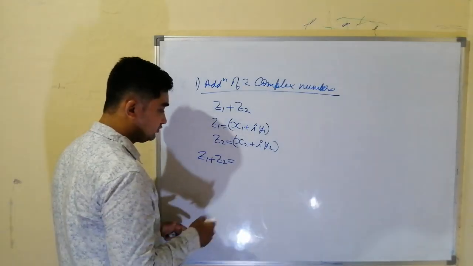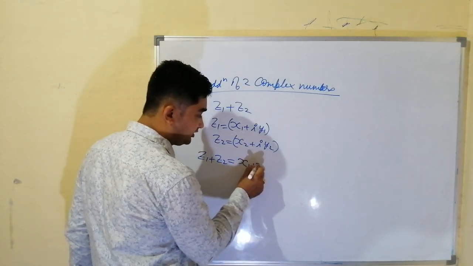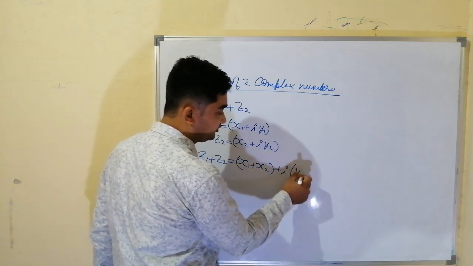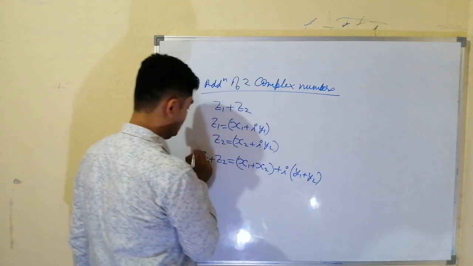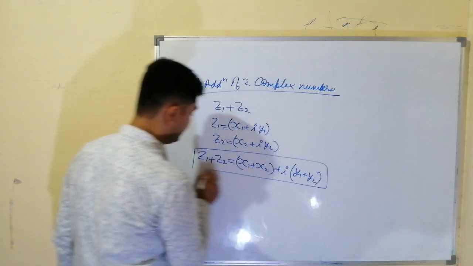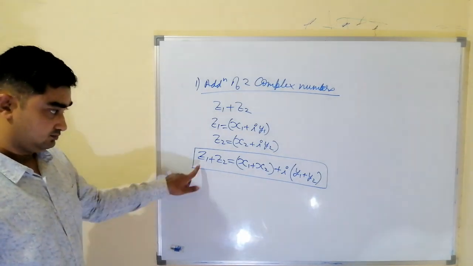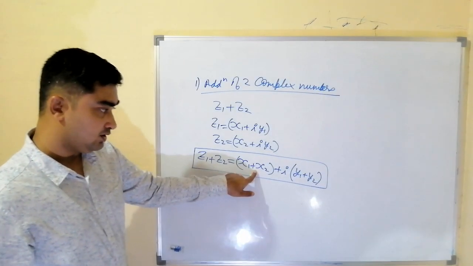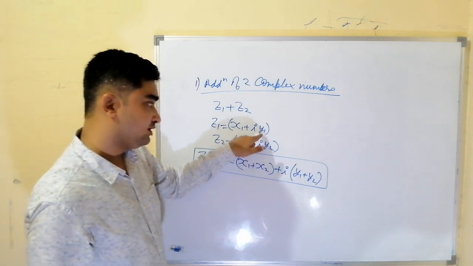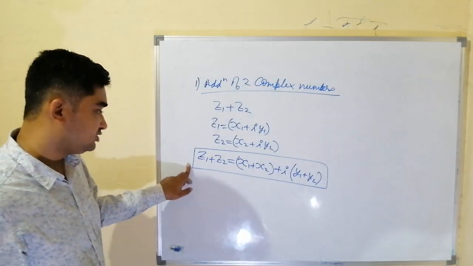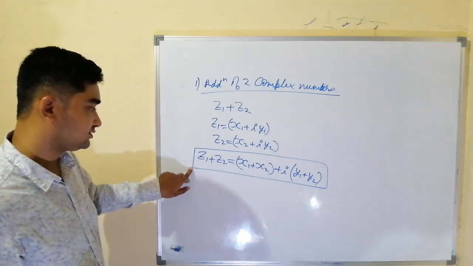So Z1 plus Z2 will become x1 plus x2 plus iota times y1 plus y2. So this is the addition of two complex numbers Z1 and Z2. Real part added to real part, iota common, imaginary part added to imaginary part. So algebraically like this we can add two complex numbers.